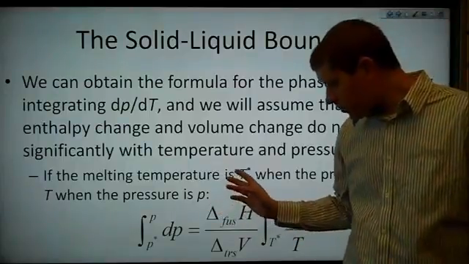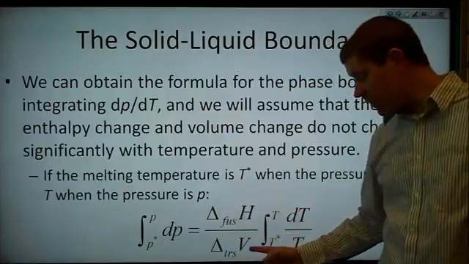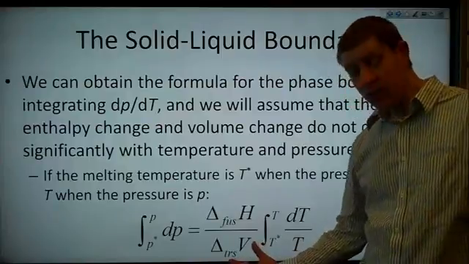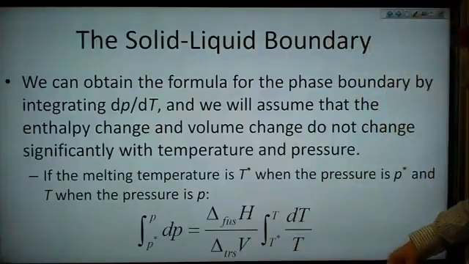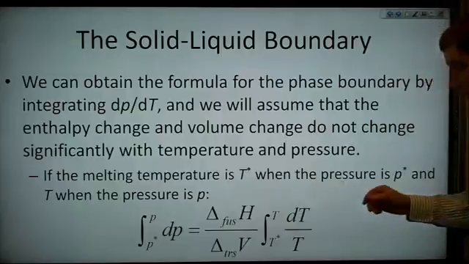Note that we've pulled out the enthalpy of fusion and the volume change for our transition. There should be fusion there too. We've pulled those out of the integral because we're assuming that they don't change with temperature.